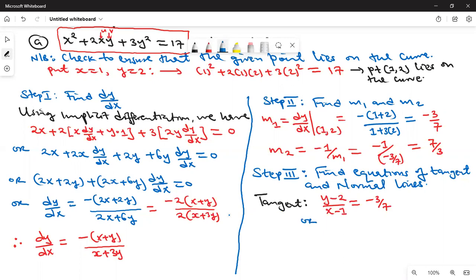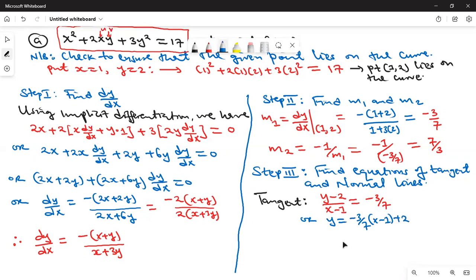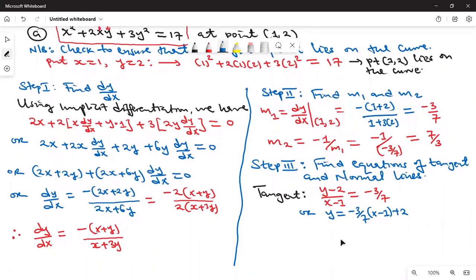This you can write as, if you make y the subject, you're going to get y is equal to negative 3 over 7 into x minus 1, then you add 2.